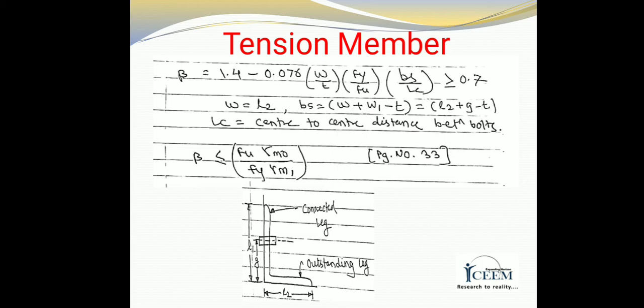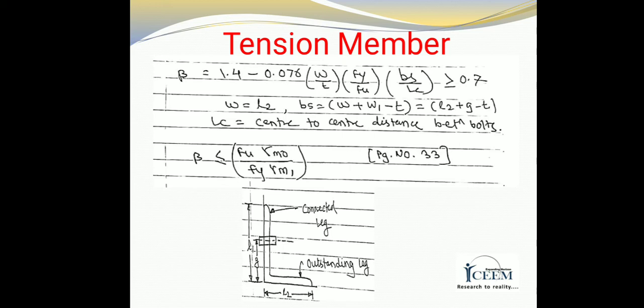It should be greater than 0.7, where W is the L2 length of outstanding leg, Bs is W plus W1 minus T, which is equal to L2 plus G minus T, and Lc is the center to center distance between the bolts, and beta should be less than or equal to Fu into rho m0 divided by Fy rho m1.